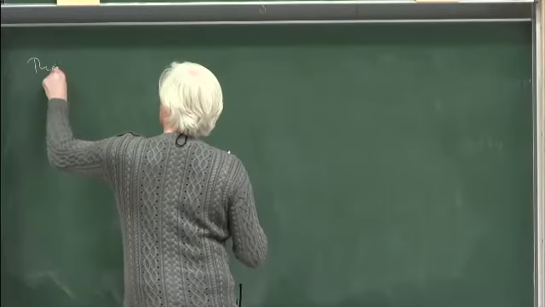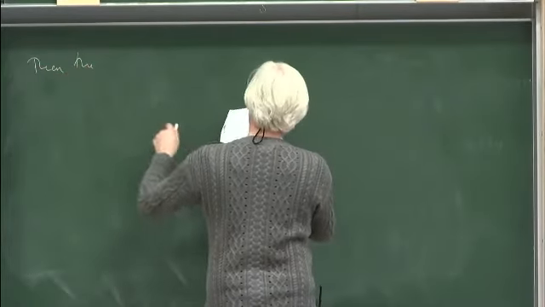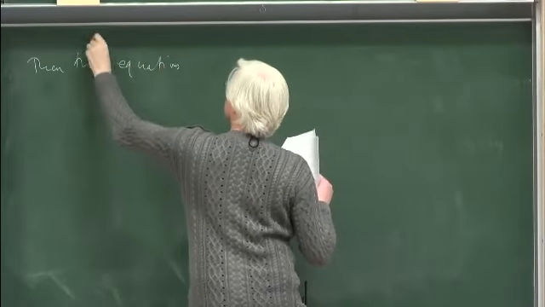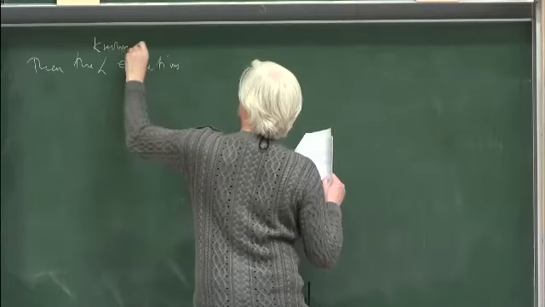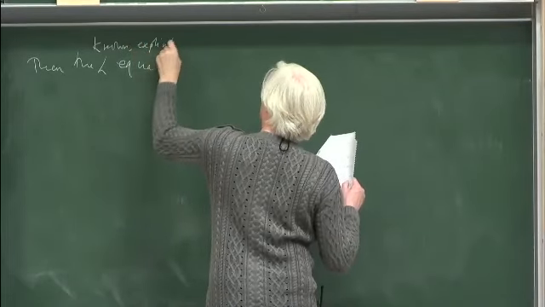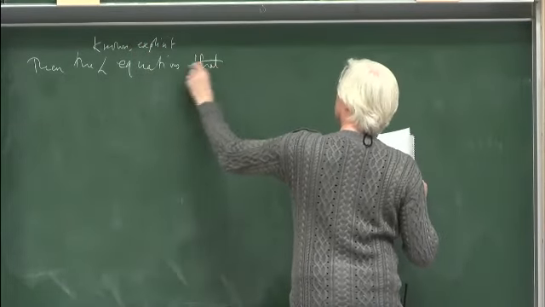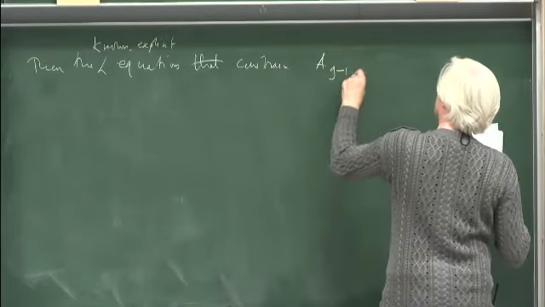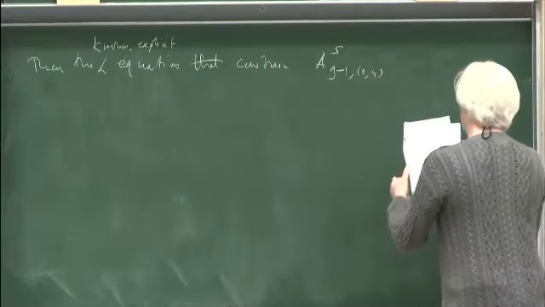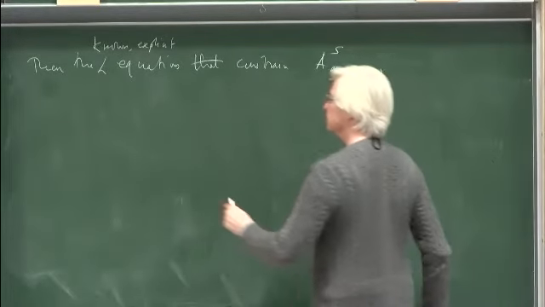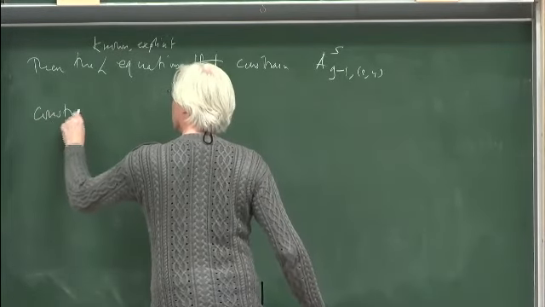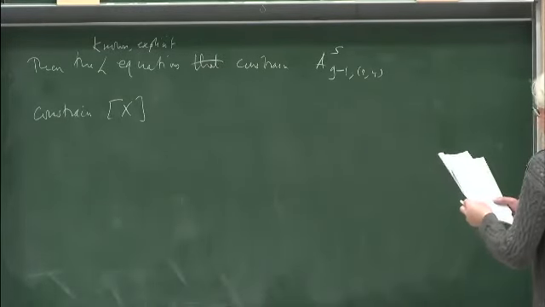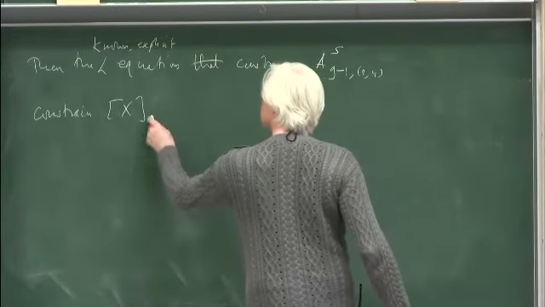So then the known explicit equations that constrain A_{g-1}, level 2, 4, constrain the point of X, the moduli point of X, in a way that can be made explicit.